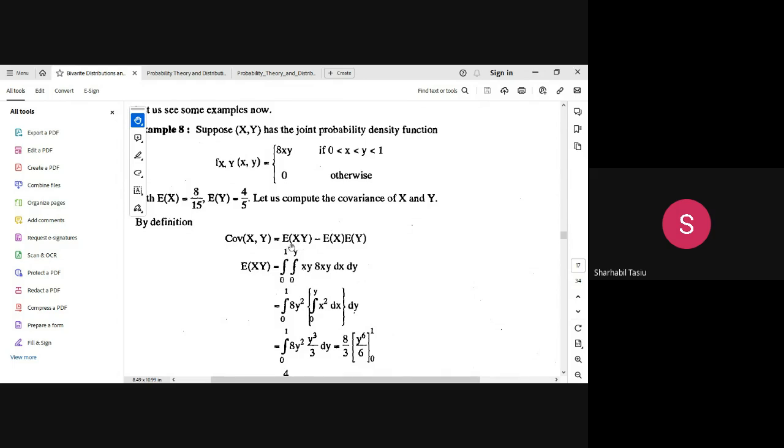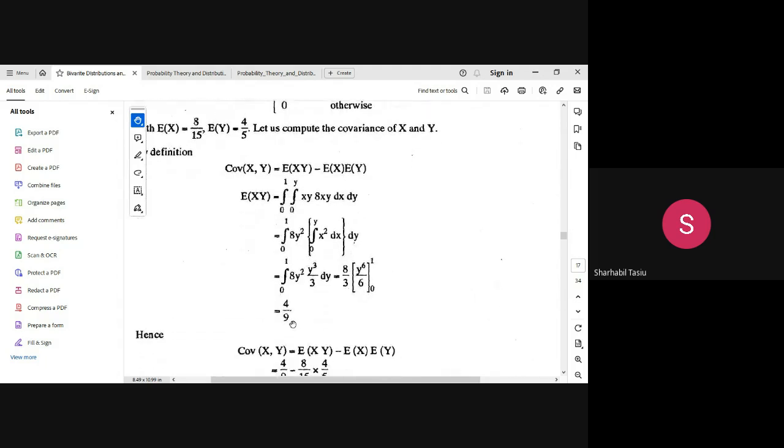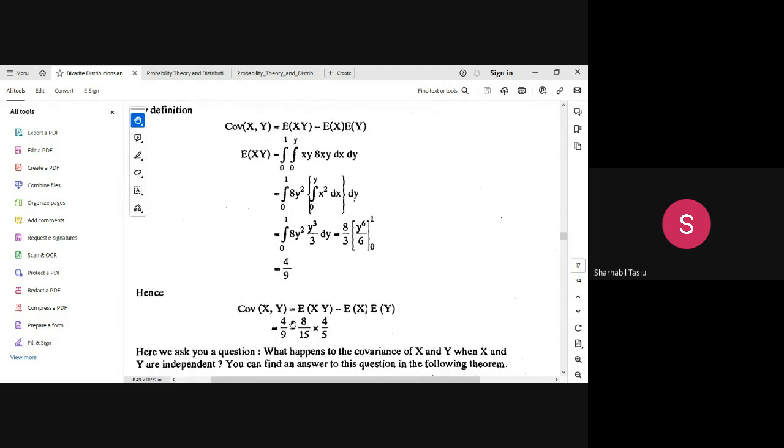To get the product moment, we take the integral from 0 to 1 for x, then 0 to y for y, and then we have xy. When you integrate this, which is straightforward, we get 4 over 9. Now bringing it back to the covariance, we already have 4 over 9 as our product moment.